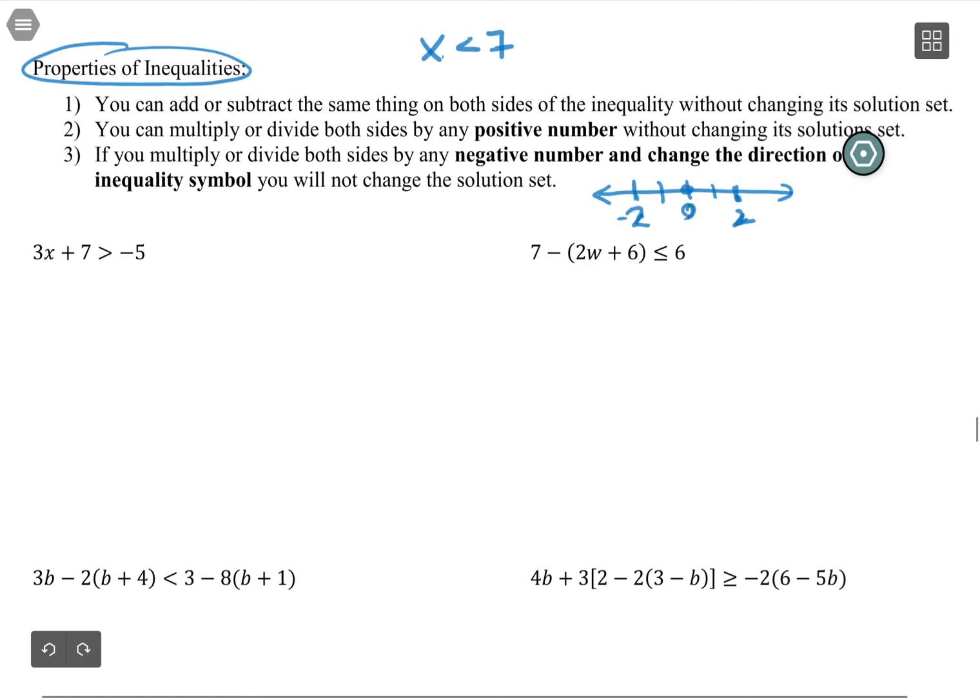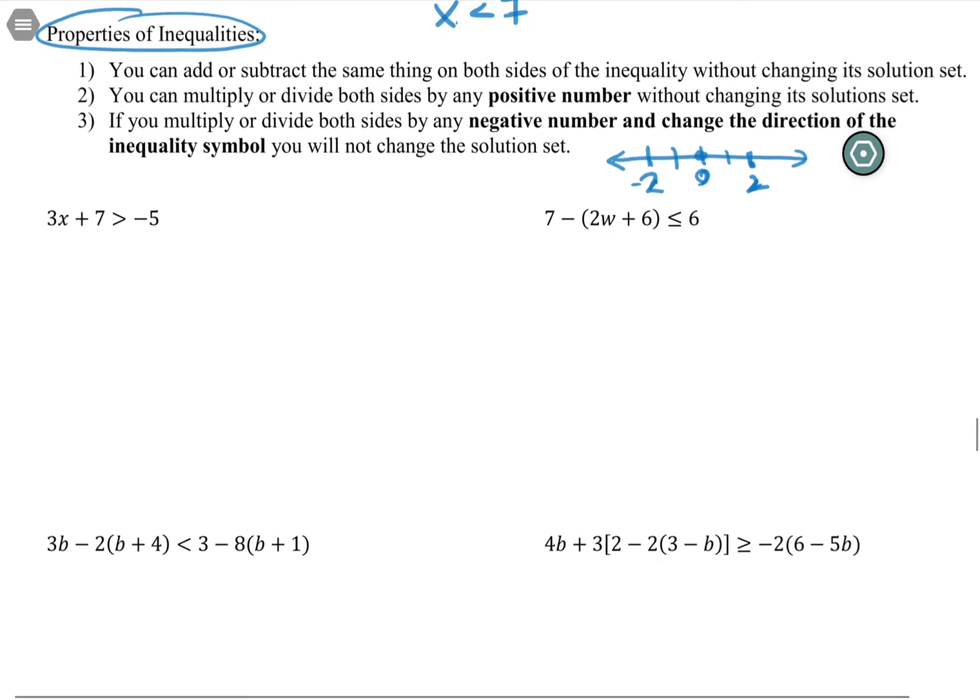My pen is really giving me trouble tonight. Okay, so in that sense, whenever you multiply or divide by a negative, everything is going to flip over the origin. That means the direction of your inequality will also change. Things that were further to the right when you flip will be further to the left, so less and greater will switch.